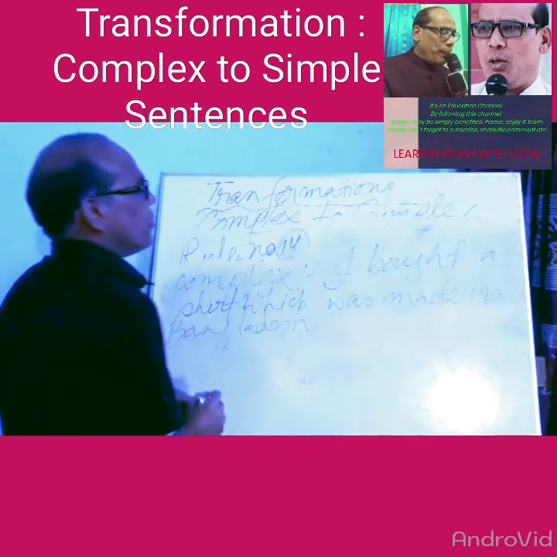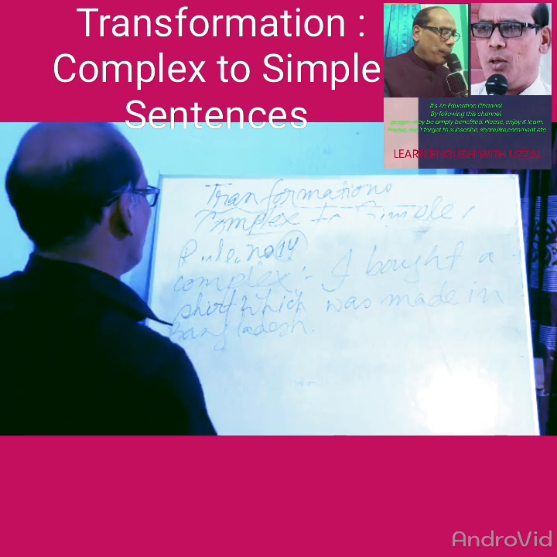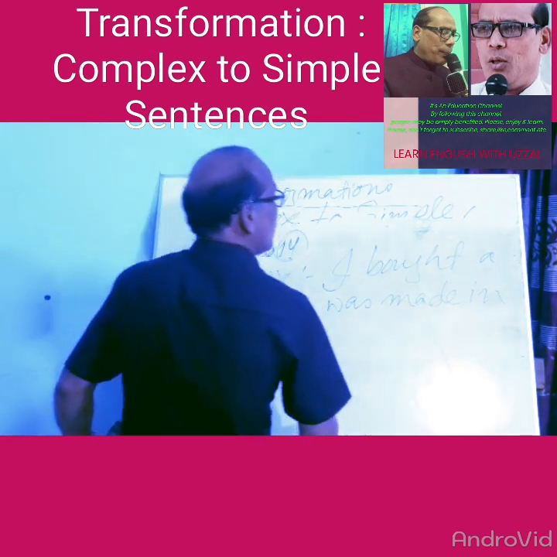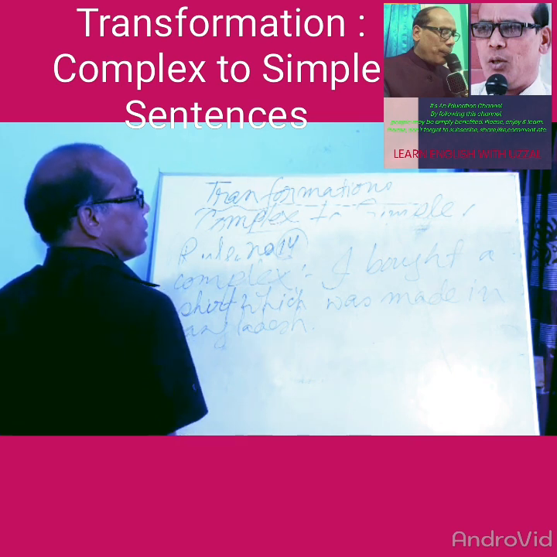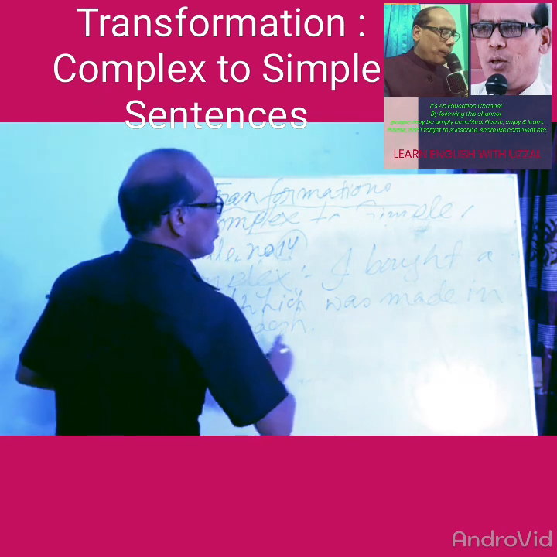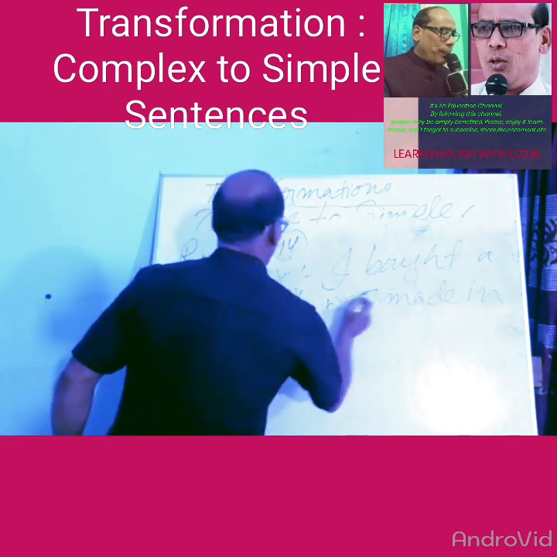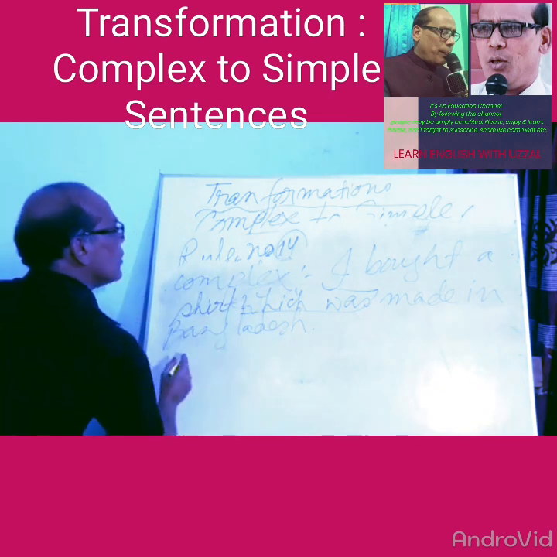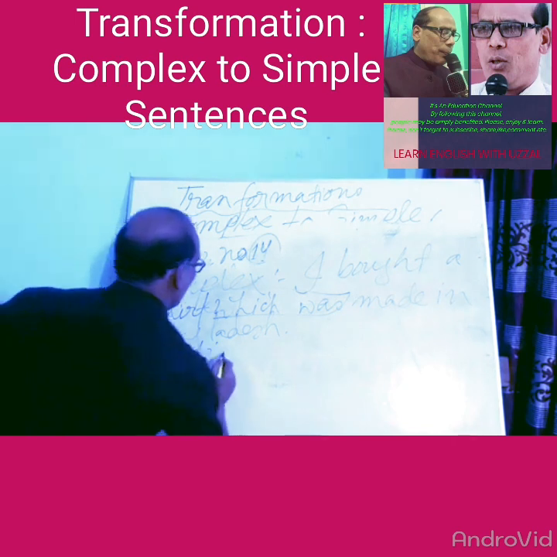You know, Bangladesh is very much second only to China, famous in the garments industry. So I can buy a nice shirt made in Bangladesh. I bought a shirt which was made in Bangladesh. So which was will be omitted here. Very easy. If you follow, you'll see it is very easy.